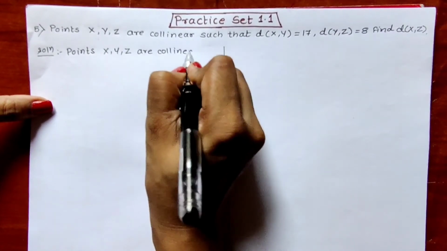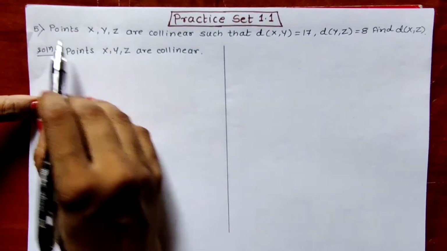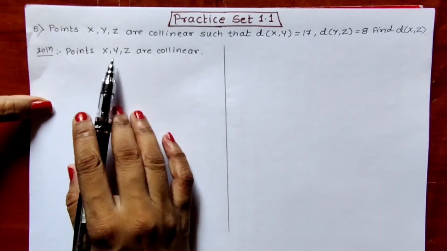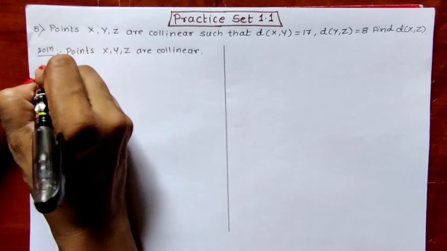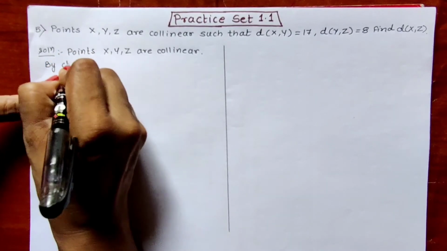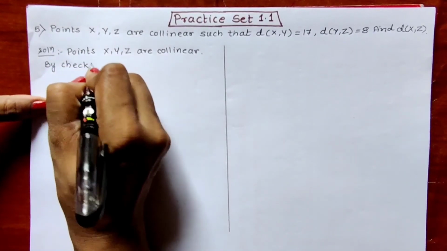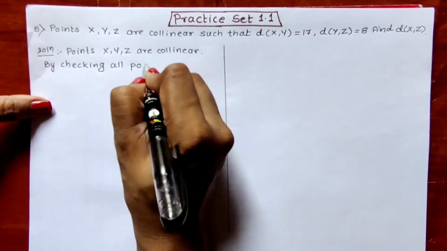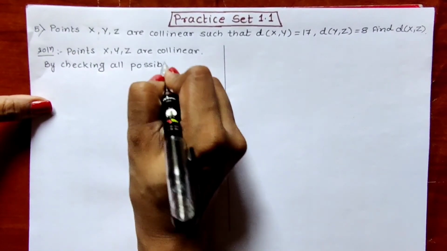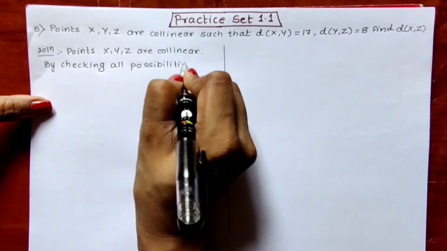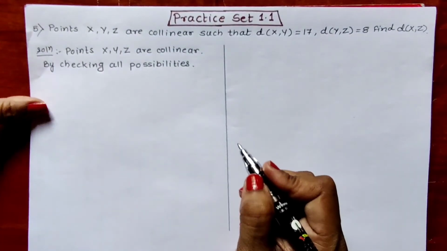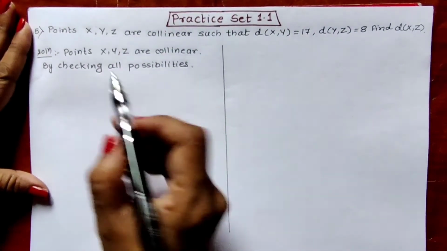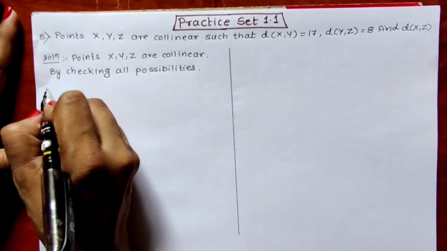This is given to us, so we write it as the sentence as it is. Now we will have to check all the possibilities. Okay, so first we write case 1.